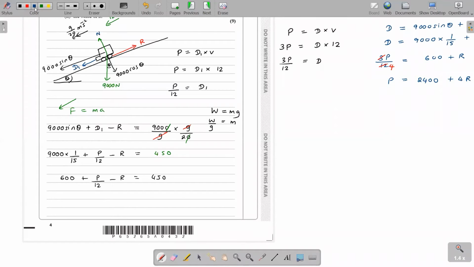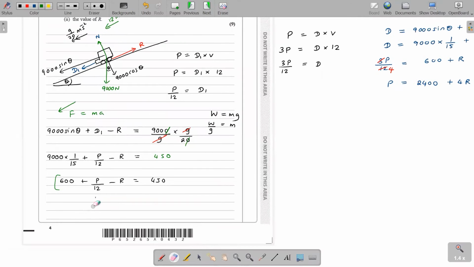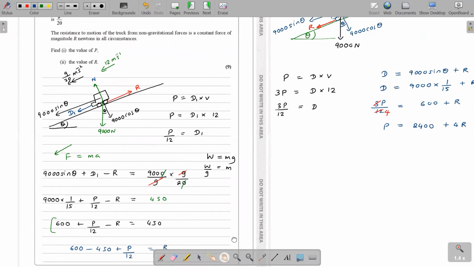I could multiply the whole thing by 12, or else we'll keep it like this, I think it's easy for me to substitute. I'll just make R the subject, that's a lot easier. 600 minus 450 plus P over 12 equals R. What am I supposed to find first, R or P?